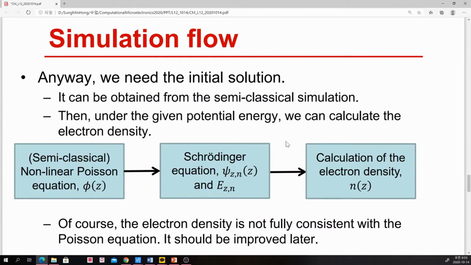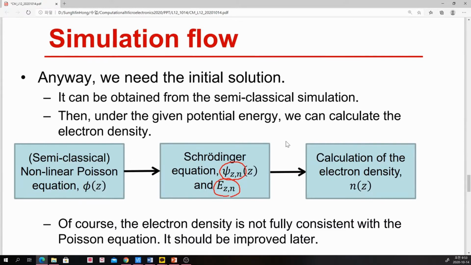So in order to calculate the wave function and eigenenergy, we need a potential. In order to start all of this calculation, anyhow we need a potential.